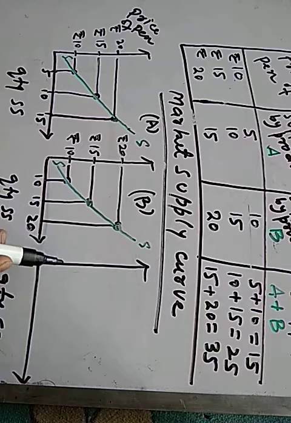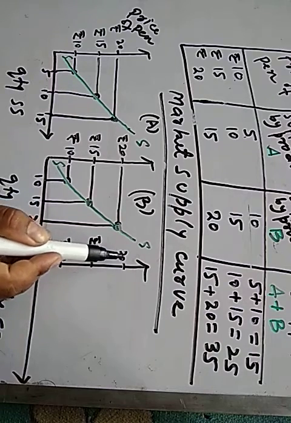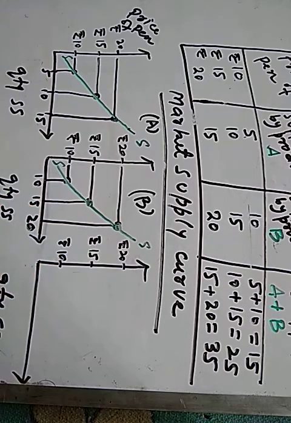The commodity is pen, in our example 10, 15 rupees and 20 rupees.